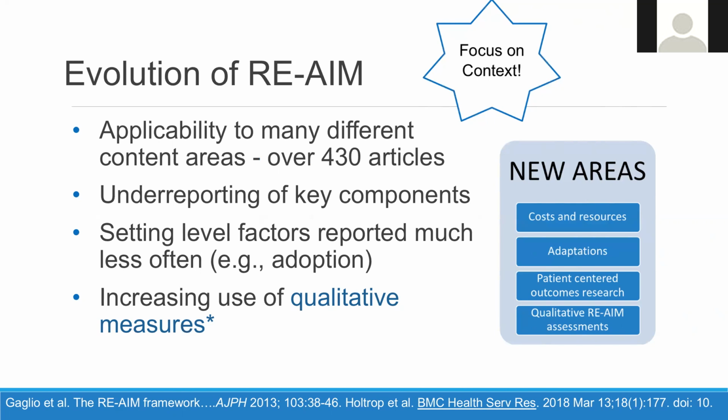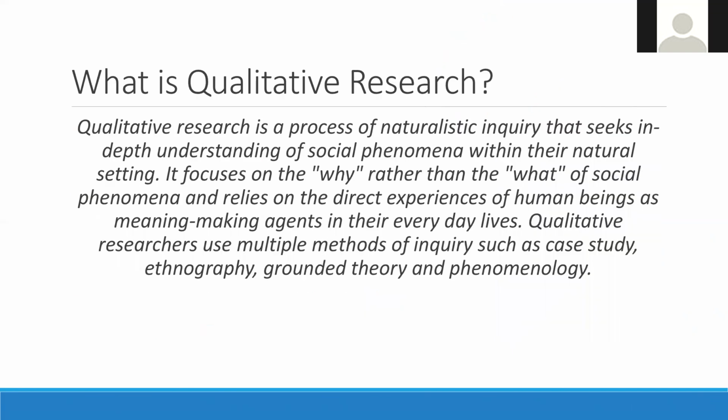So that means like 75% or more in the past reported papers did not use qualitative aspects across the REAIM dimensions. So the point that I hope I leave you with is that it would be really beneficial if you're going to use REAIM to do qualitative measures along with quantitative measures when you're using it.